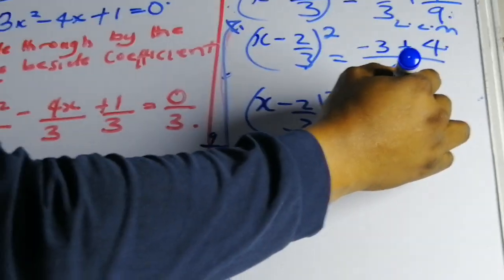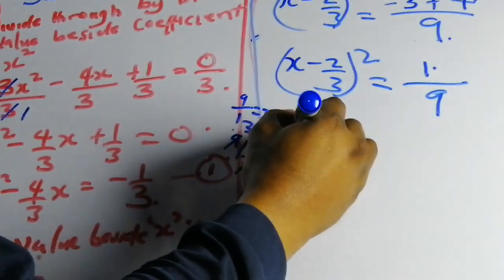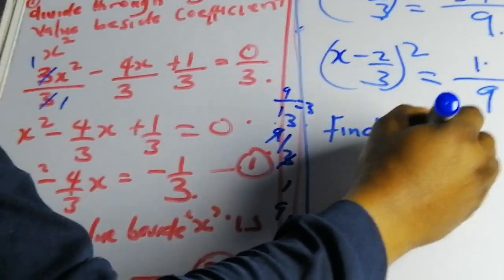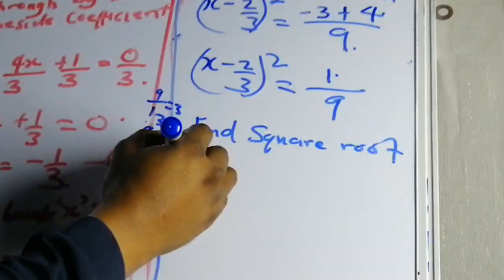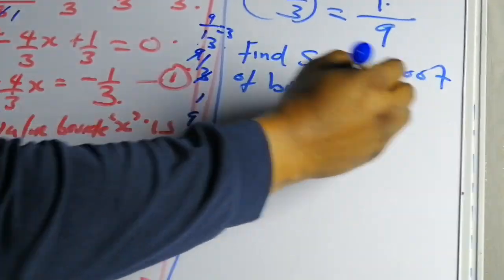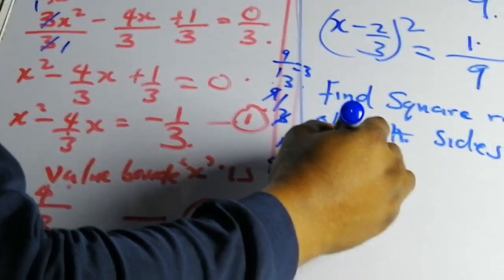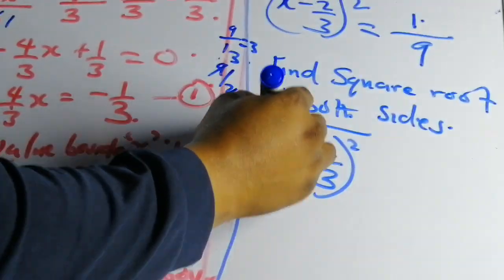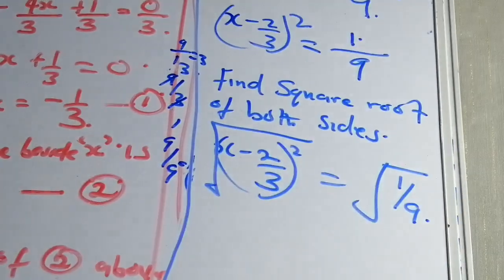Minus 3 plus 4 is what? 1. So the next thing you will now do is find the square root of both sides, which is the same thing as the square root of (x minus 2 over 3) squared, then this one is 1 over 9.